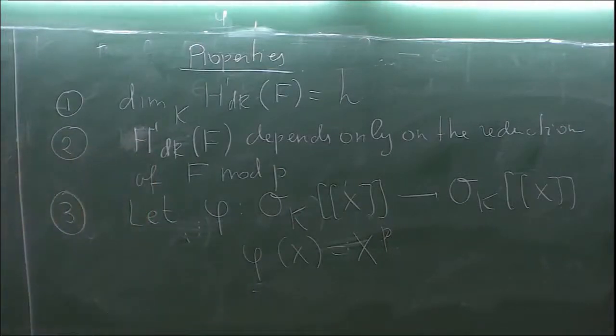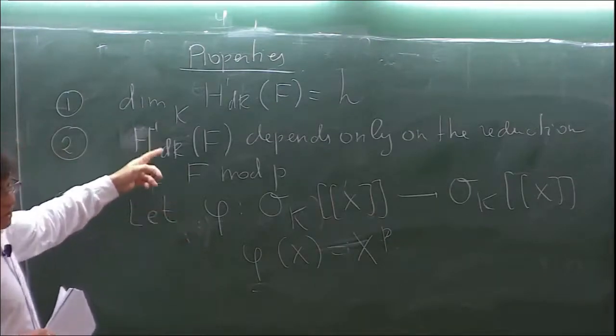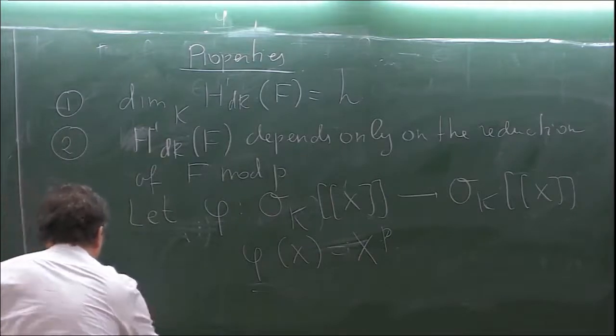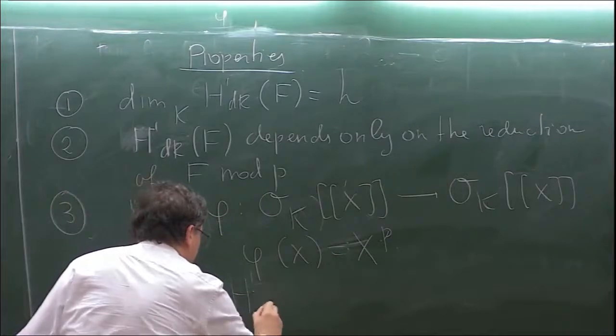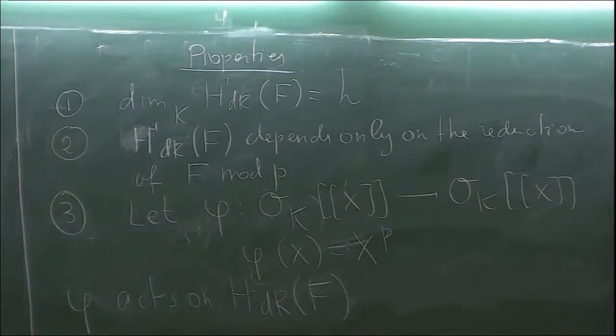And this operator extends to H1 dR. So H1 dR is a phi module.